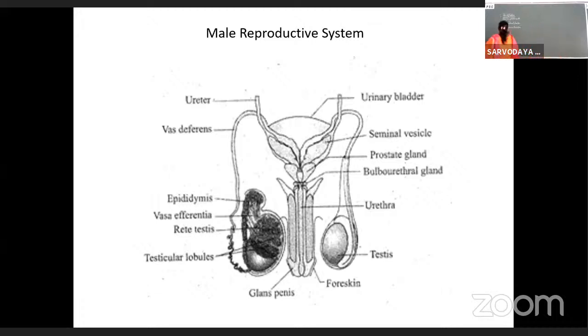Now, inside the seminiferous tubule, what do we observe? The seminiferous tubule is lined by 2 types of cells. What is the first cell called?